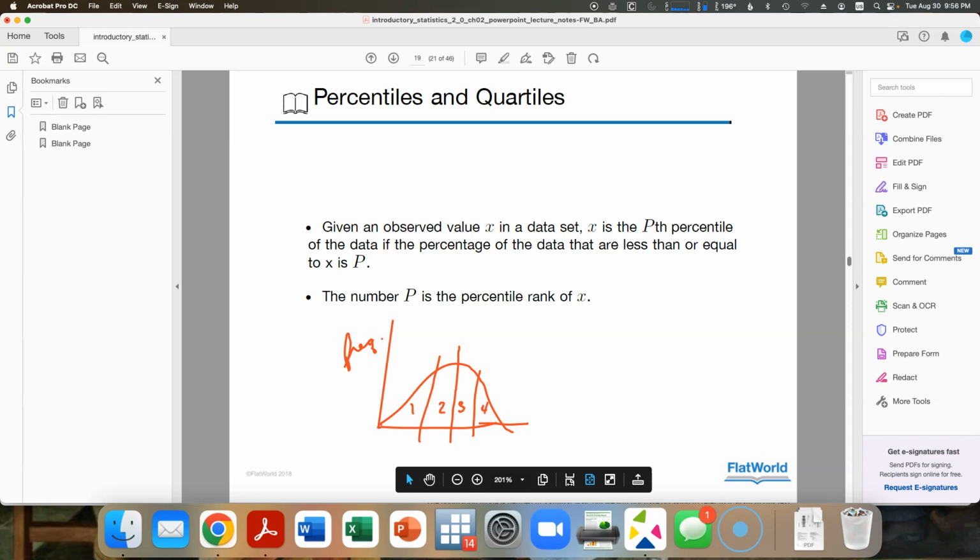And here you would see the 4 quartiles of the data, with each of the quartiles containing 25% of the observations. This would be the first quartile, the second quartile, the third quartile, and the fourth quartile.